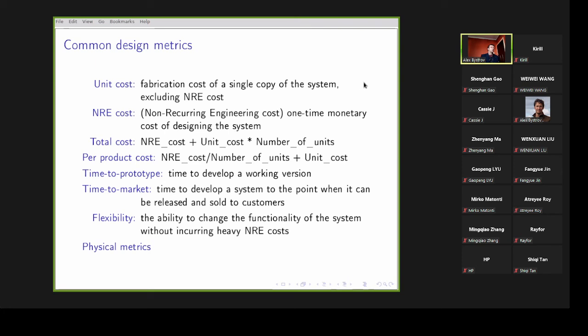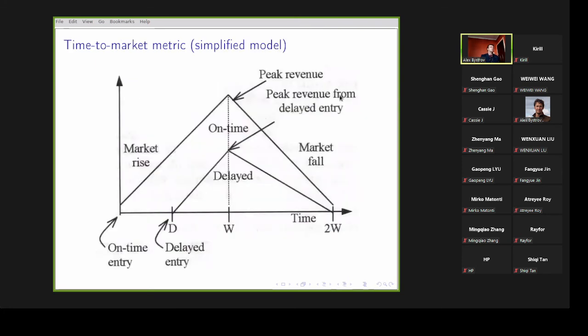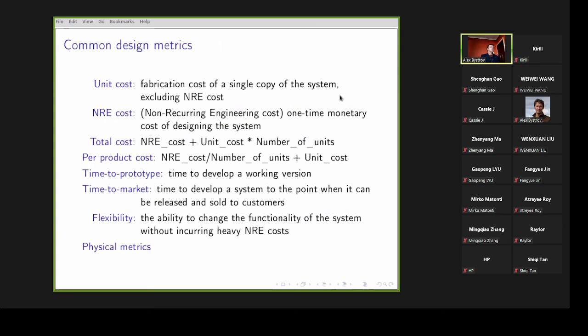Metrics. What are metrics? Design metrics. Time to market. Going to market. So design metrics involve physical and economics metrics. Physical metrics like weight, color, and energy.